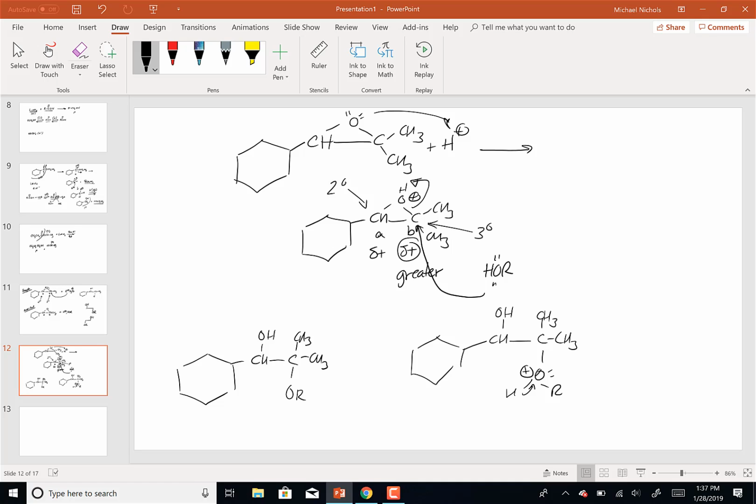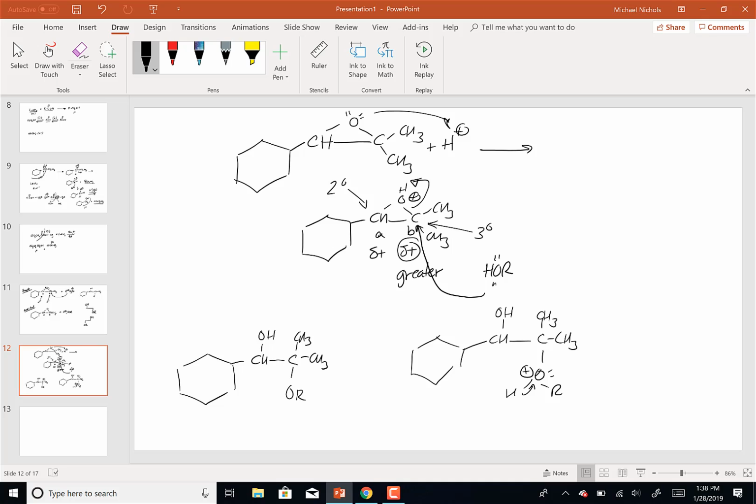Make a more stable carbocation. What's the rate determining step of an SN1 reaction? The formation of the carbocation. If the carbocation becomes more stable, its energy lowers, which means the transition state energy lowers, and you get a faster reaction, if we worry about Hammond's postulate and all of that stuff. So what dictates SN1 is the stability of the carbocation.